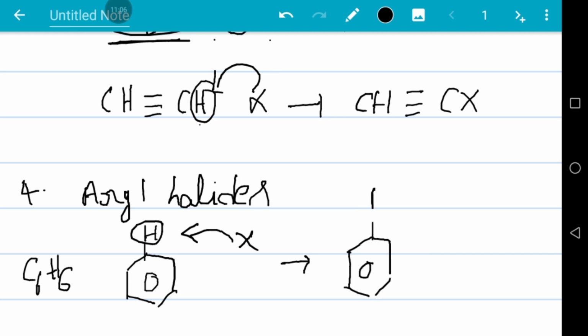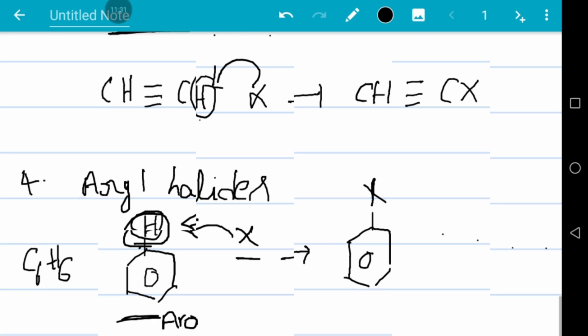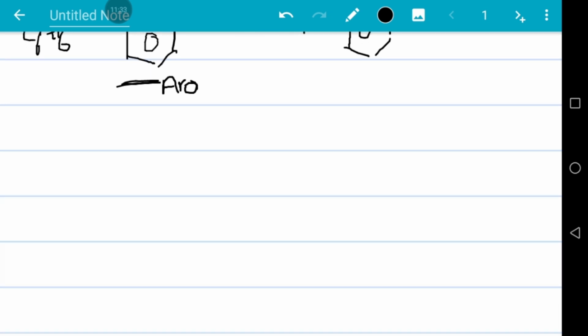Aryl halides means the hydrogen of the aromatic compounds is replaced by the halogen. So this is the first classification. First one is the alkyl, second is the alkenyl, third is the alkynyl, and fourth is the aryl halides.